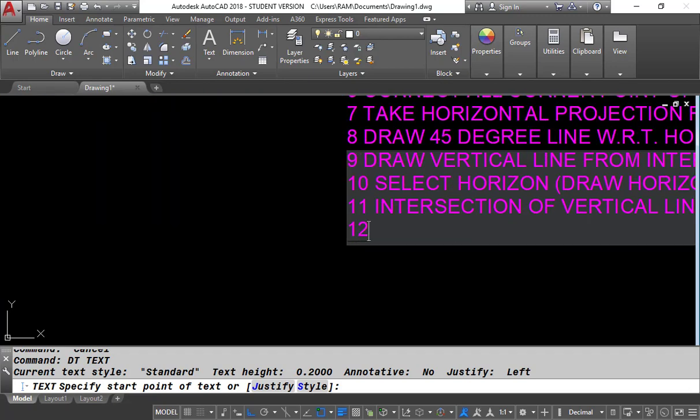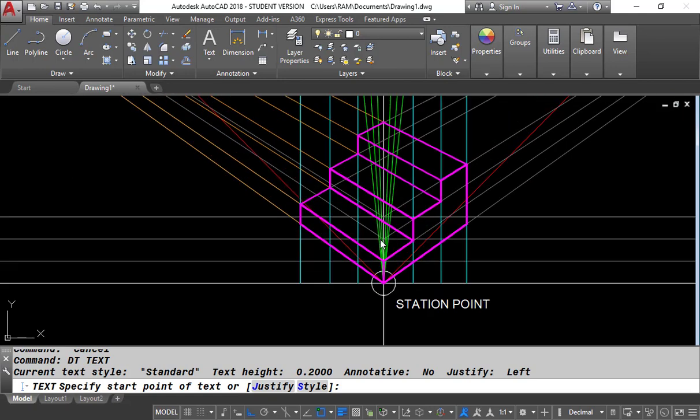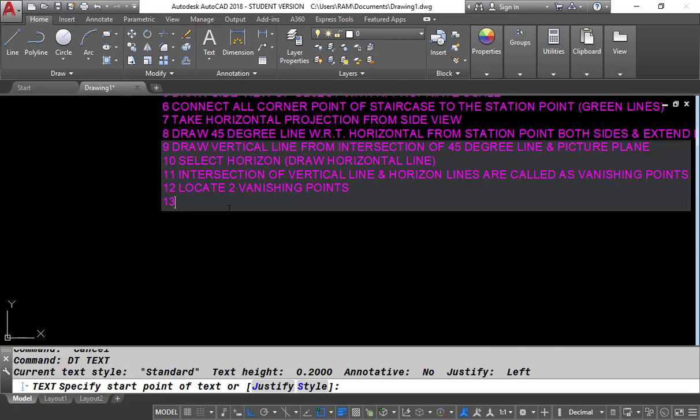So locate two vanishing points. Our next step is we have to connect all the lines to vanishing point 1 and vanishing point 2.